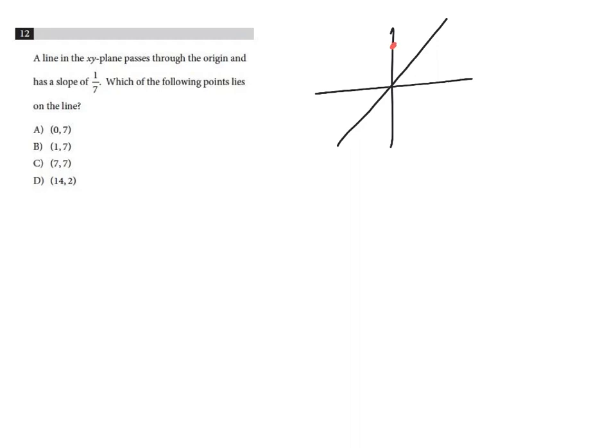That's not going to be on the line. 1/7. Well, gee, this is saying the slope is 1/7. That's saying as y changes 1, x changes 7.